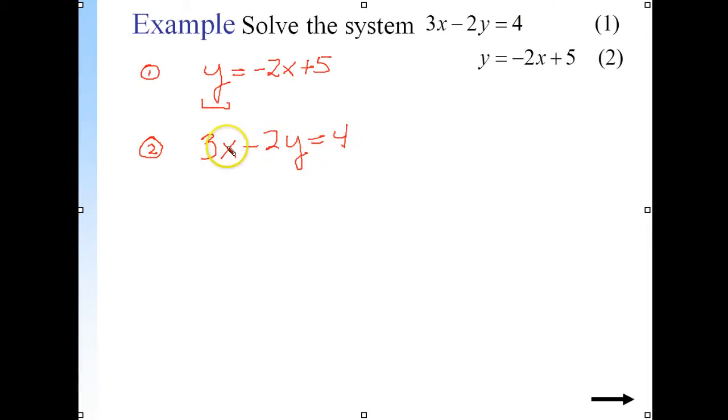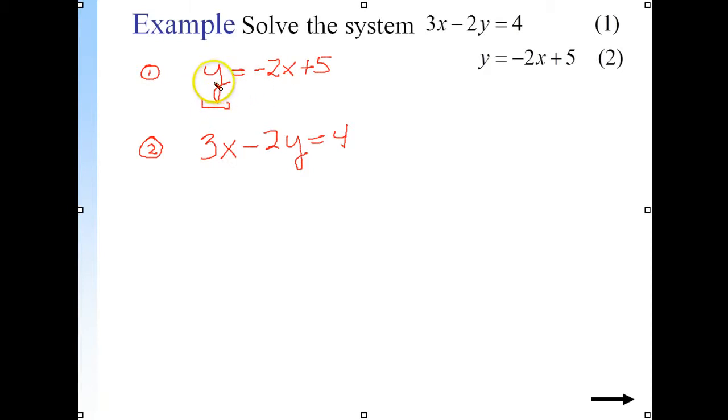Now, we want to solve this. We're going to assume that the y in one case is the same as this y up here, and this value of x is the same. That is, it's going to be some point of intersection where the x and y values are the same for both equations. But notice what we have here.